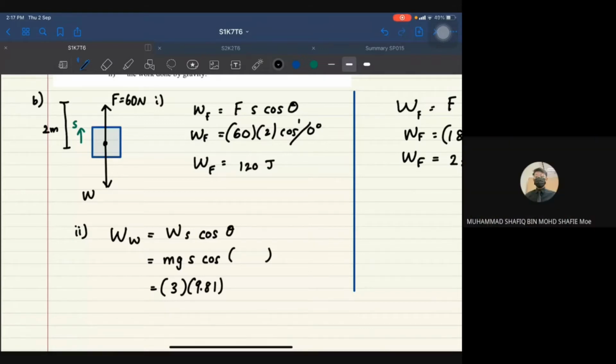Yes. You can see that S is pointing upwards while the weight is pointing downwards, so the angle between these two is 180 degrees. Cos 180 is minus 1.